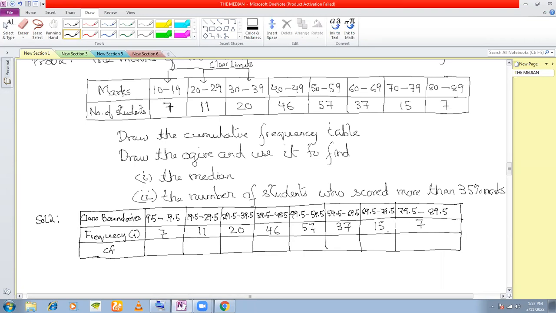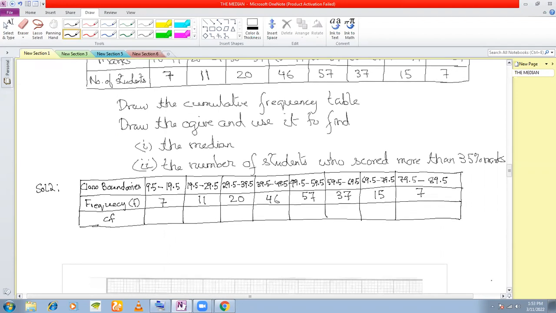Now the next row is for the calculation of the cumulative frequency. The first one will be 7. The next one will be 11 plus 7, which is 18. Next one will be 18 plus 20, which will be 38. Next will be 38 plus 46, which is 84.